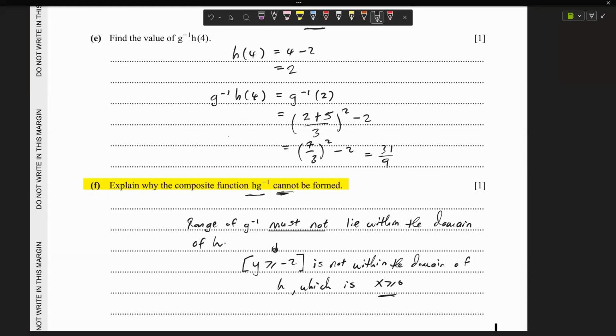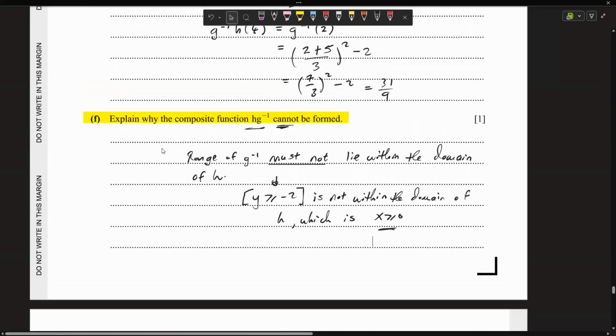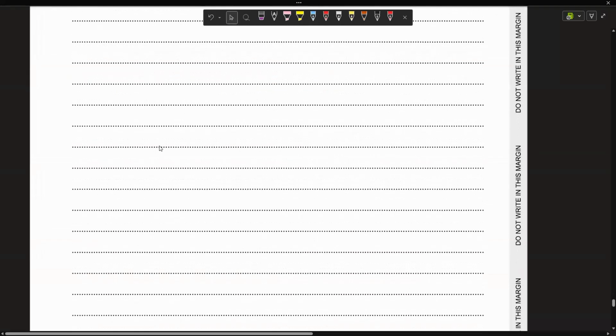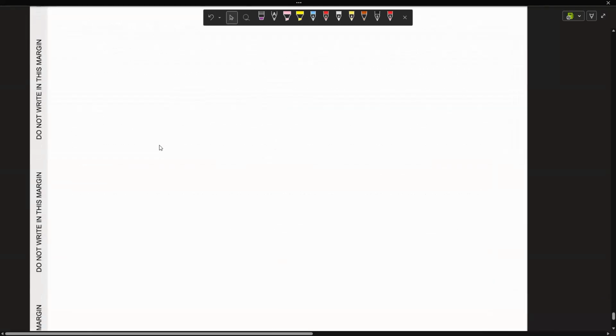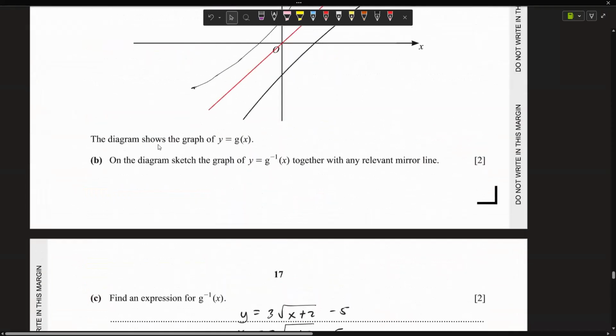Think of values like -2, -1, which are not in the range of values greater than or equal to 0. So for that reason, we can say that the composite function cannot be formed. So that's how we can answer that question. If you can give a reasonable explanation, then you'll be all right. And that, my friends, is the end of this paper.